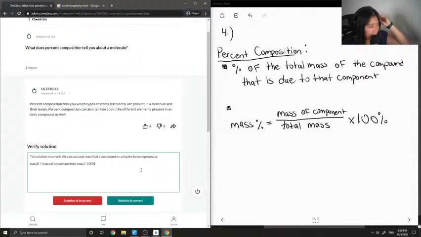So I said that the mass percent is equal to the mass of the component divided by the total mass times 100%.